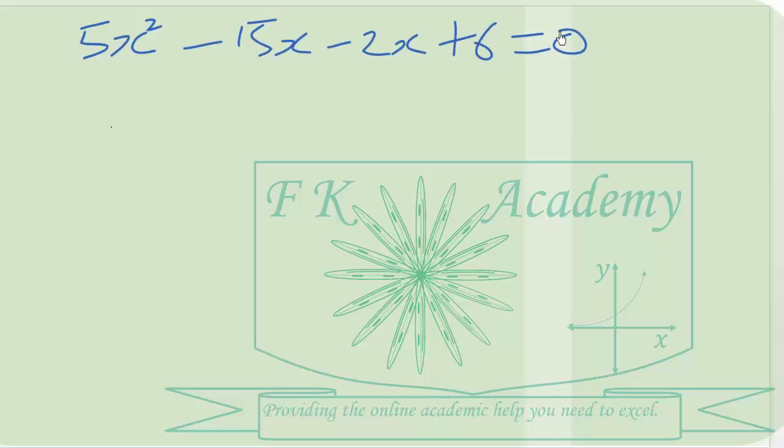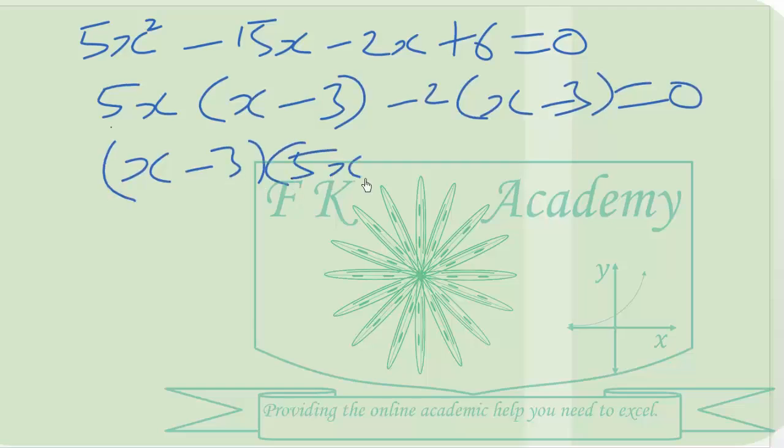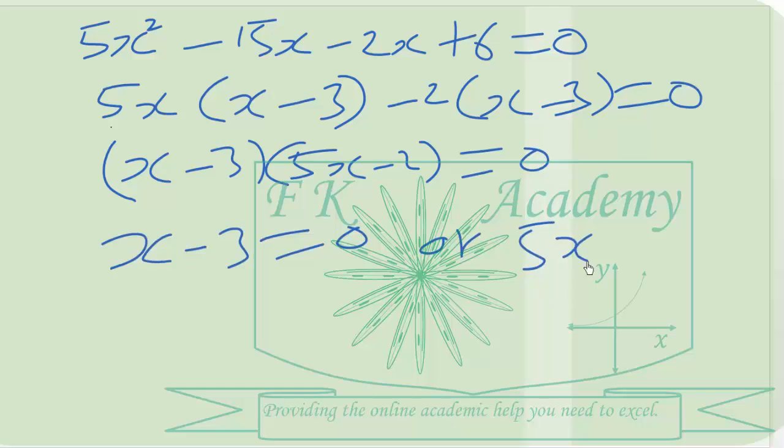We can now quickly factor and simplify. So when we collect the factors, we have (x minus 3)(5x minus 2) equals 0. So either x minus 3 equals 0 or 5x minus 2 equals 0.